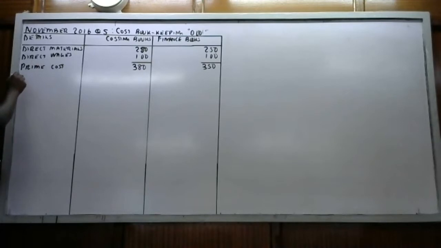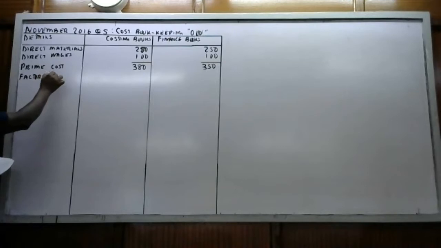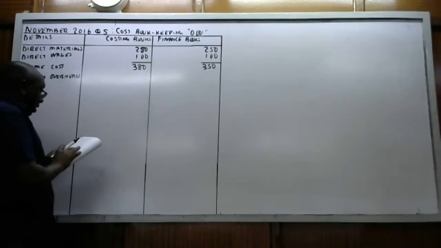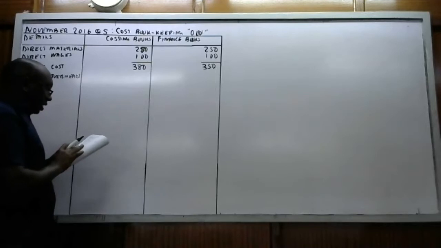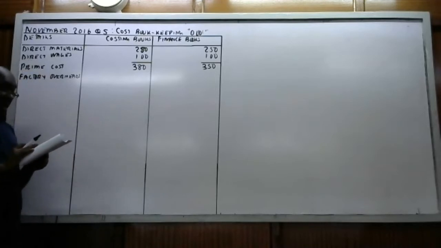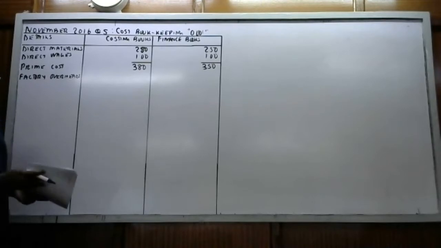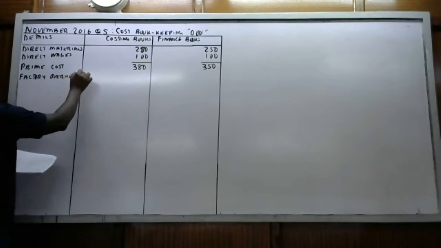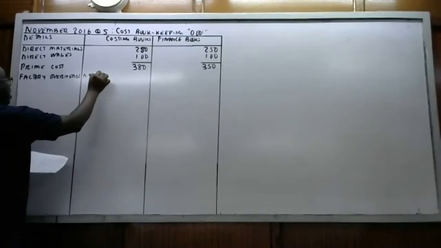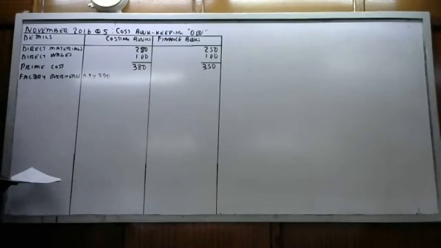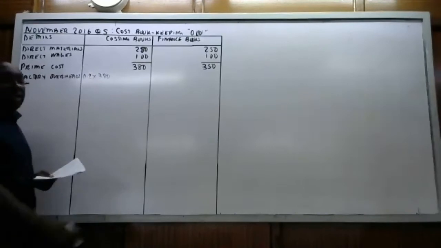Then you bring factory overheads. Factory overheads in finance is 380. But in cost, according to information 2 here, they are recovered at 20% of prime cost. So this will be 0.2 times 380, which is 76.